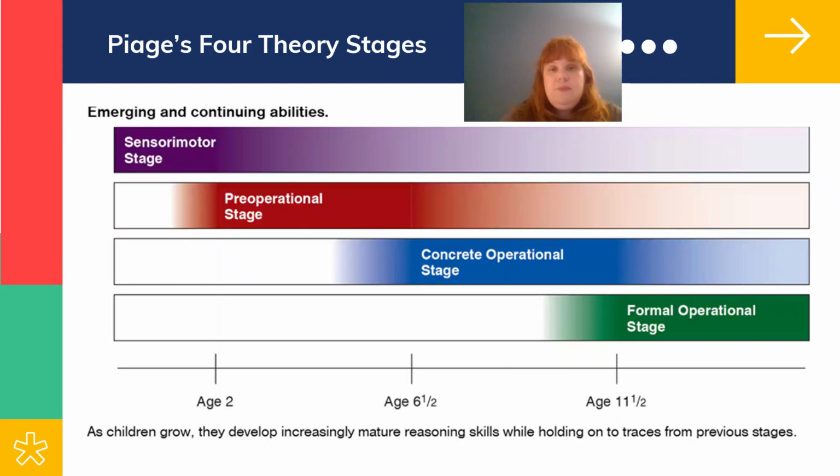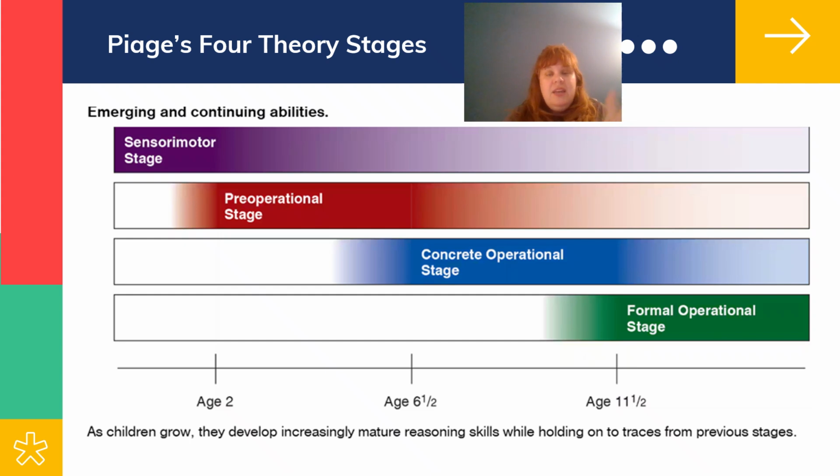Okay, as we go on and continue to talk about Piaget's theories of learning, he also talks about learning happening in four stages. So we start with sensorimotor, pre-operational, concrete operational, and formal operational. And you can see on this chart the order that they go in, but it's not like you do one and then you stop and go to the next.